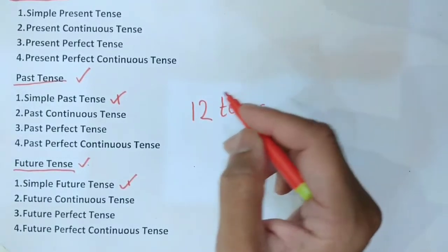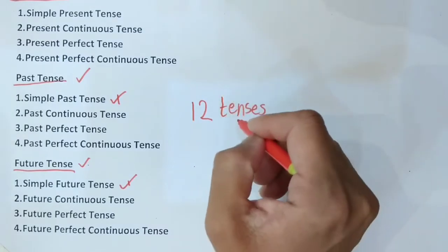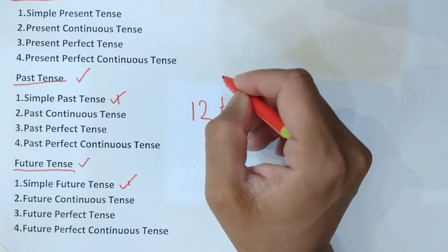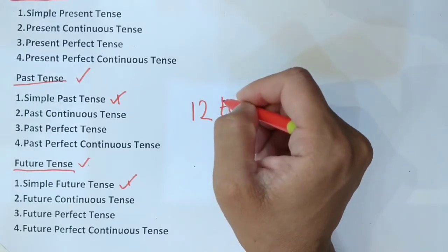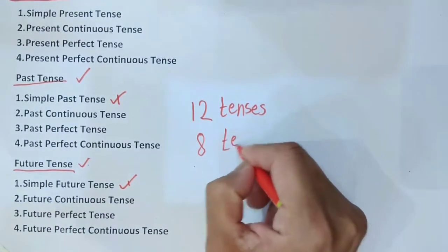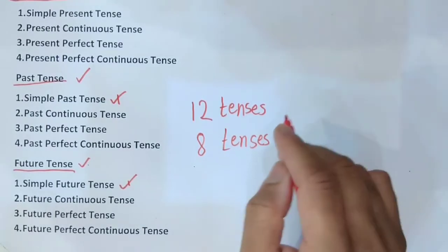So the significant point I would like to make clear here is that when we deal with the active voice and passive voice, we can convert the active sentence into passive only from 8 tenses out of these 12 tenses.